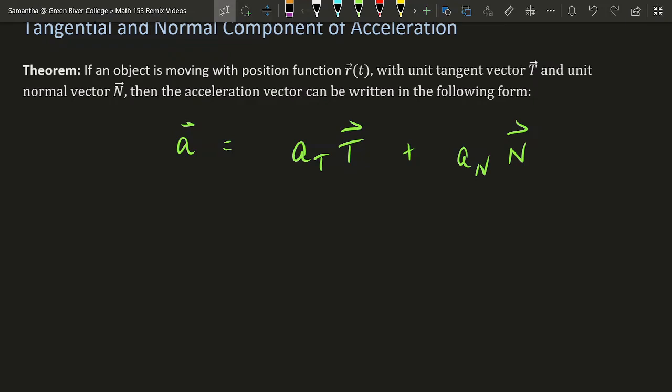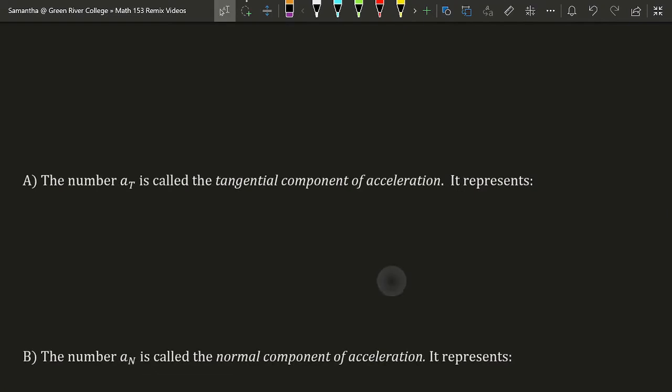And the physical significance of this portion of the acceleration vector is that a sub T is the portion that captures how the object's speed is changing. It represents the rate of change of speed.